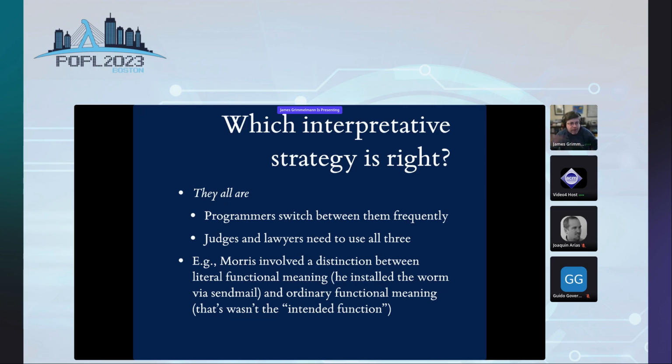And so my broader project here, of which this is a part, is trying to figure out how legal interpretation can learn from program interpretation and vice versa.